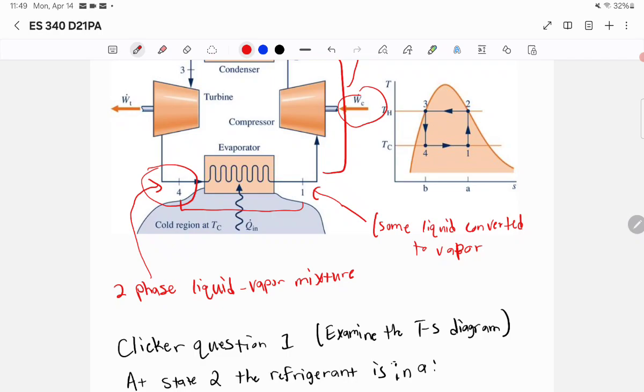After it runs through the evaporator and comes out over here at point 1, it's still a liquid vapor mixture, but now some of the liquid has been converted to vapor. You can see this on the diagram: here it's a low quality liquid vapor mixture, and here's a higher quality liquid vapor mixture on the TS diagram.